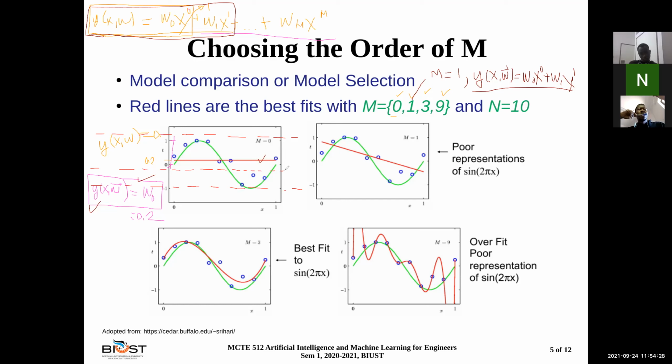Okay? So what I'm trying to show you is that even at this simplest model of your polynomial function, you still have choices. Many choices on which horizontal line is the best estimate.